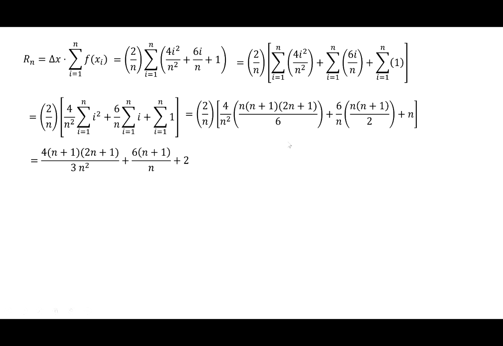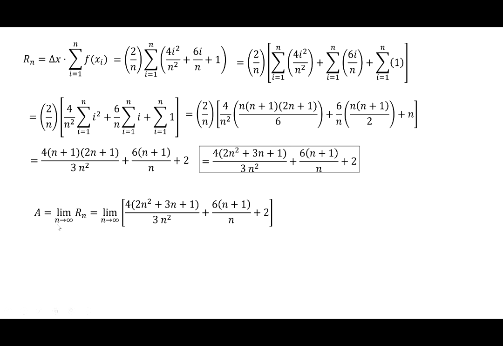So this is what it simplifies to. Can you do this? I know it looks a bit long, and this sigma thing looks complicated and all that. But if you write nicely, have a decent penmanship, put nice equal signs, and write out everything clearly, this is not difficult at all. So here we found the Riemann sum. And the next order of business is to find the limit of this, as n approaches infinity.